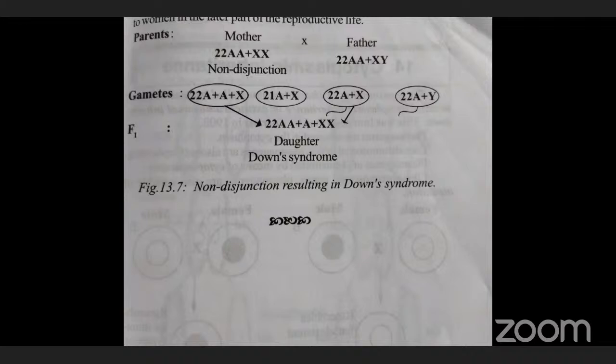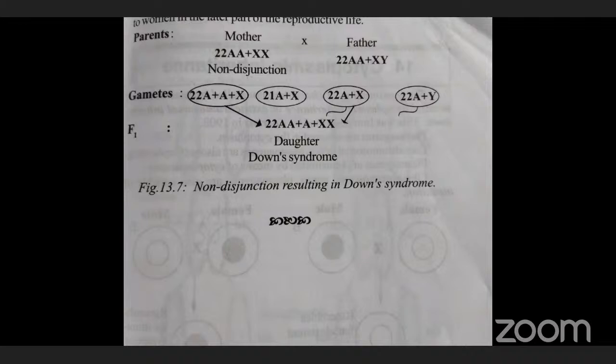During segregation in cell division, the disjunction fails in the female. Normally it would segregate into 22A plus one allosome X, similarly 22A plus Y. When the gametes fuse during fertilization, we get 22A plus an extra 21 plus X, which is called a trisomy. The trisomy causes Down syndrome.